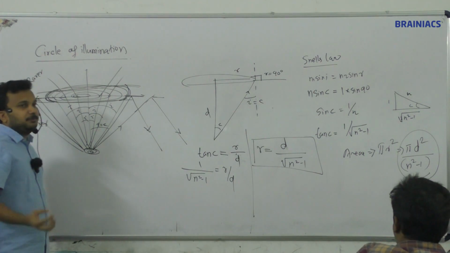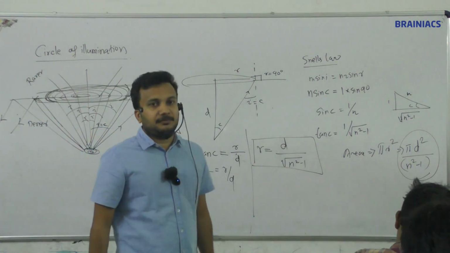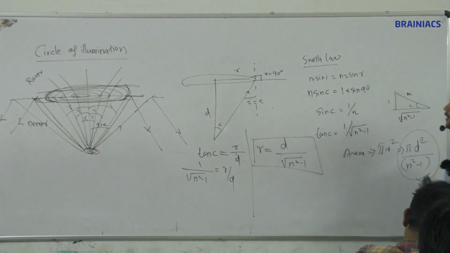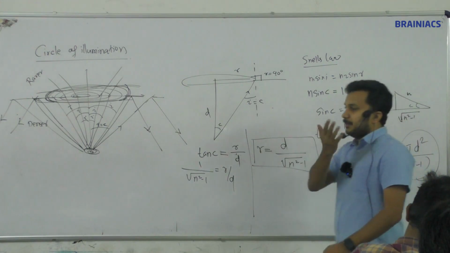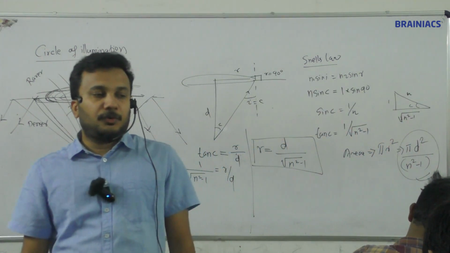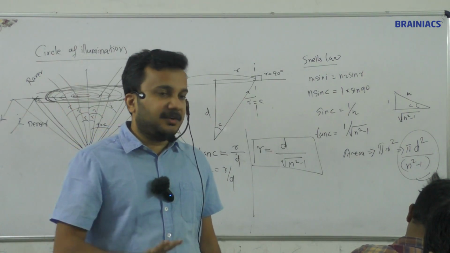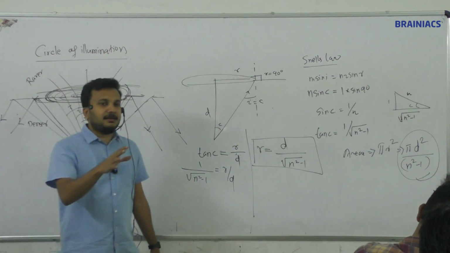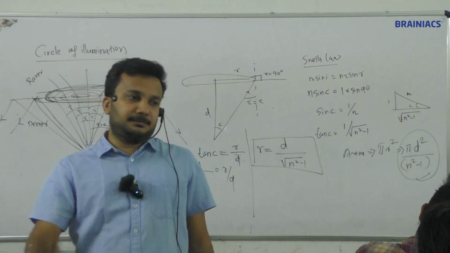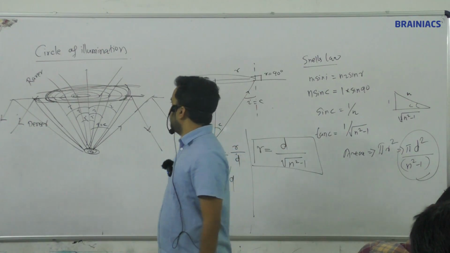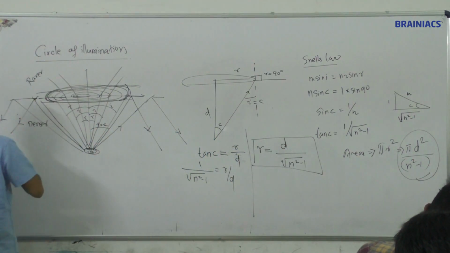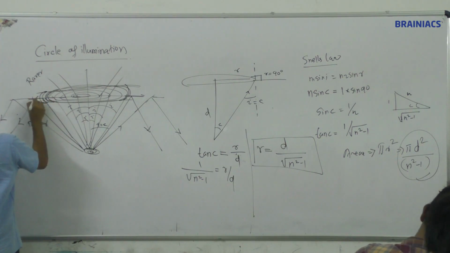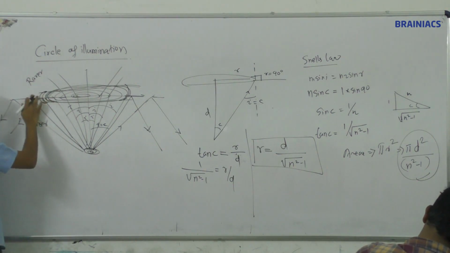Circle of illumination. When a light is placed in a water body, the light is spread over the surface of water till the angle of incidence is equal to the critical angle.